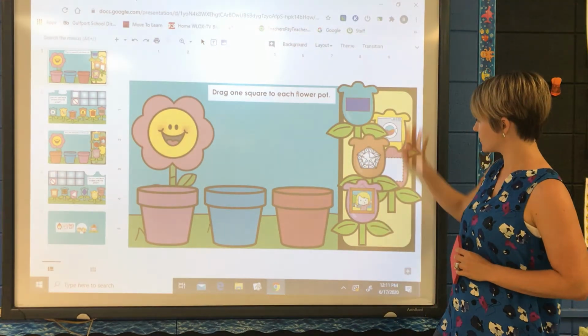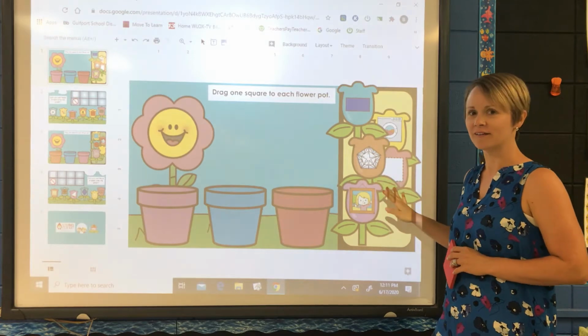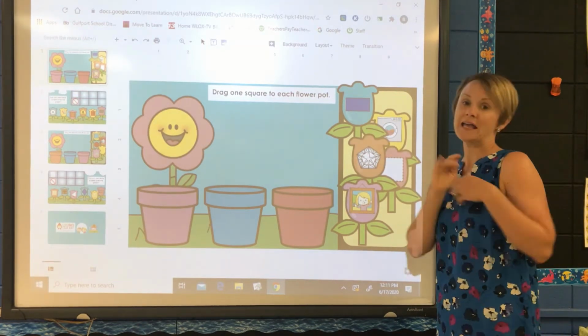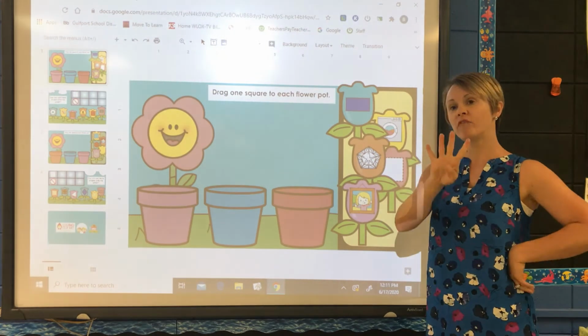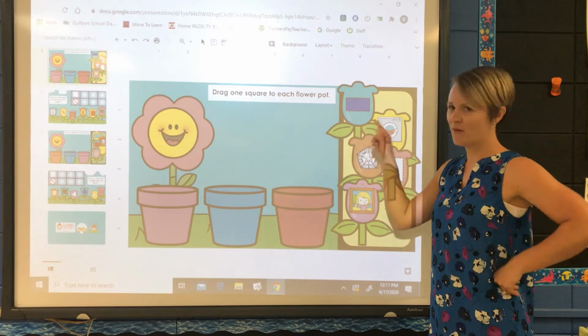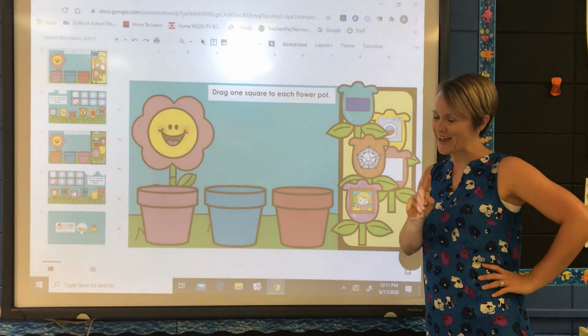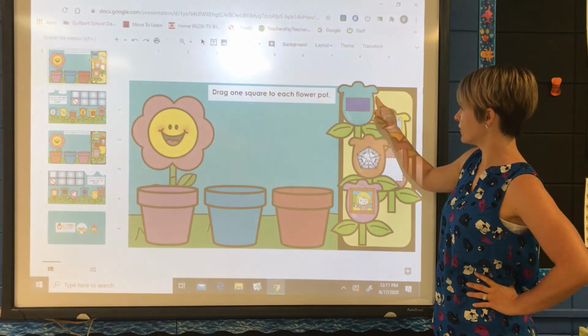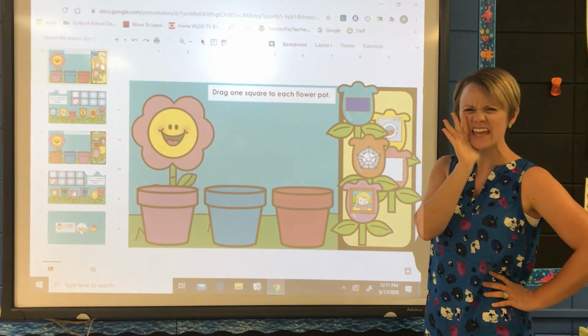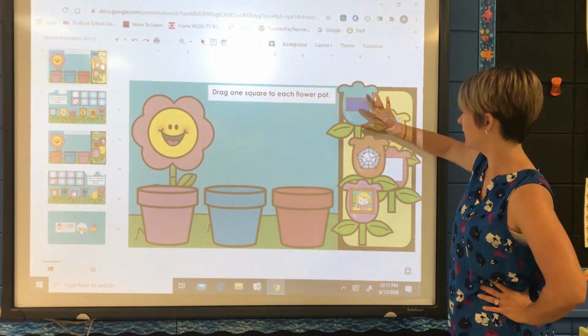So we get to pick the squares out of here. This blue shape has the right number of sides, 4. 1, 2, 3, 4. But they're not all the same. These are shorter and these are longer. He's not a square, he's a rectangle.